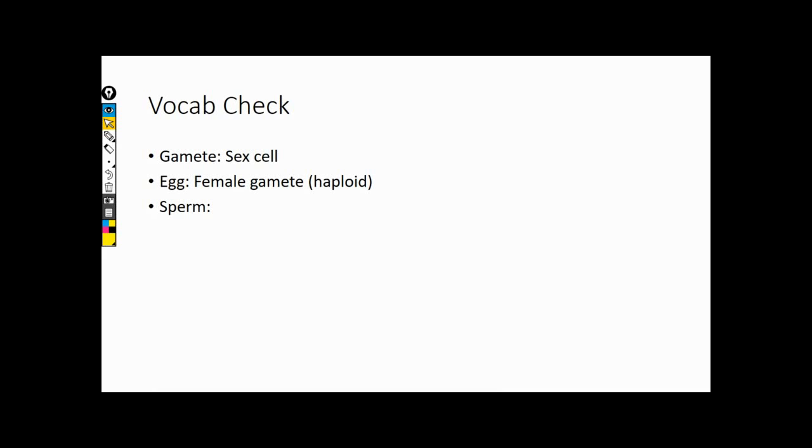And when we're talking about gametes, these are haploid. Then if the egg comes from the female, the sperm must come from the male. So, male gamete, also haploid.